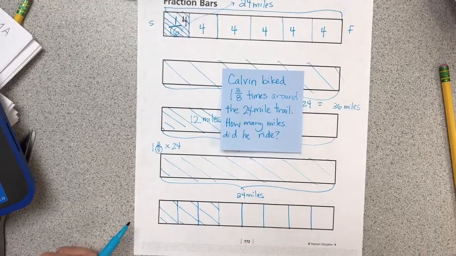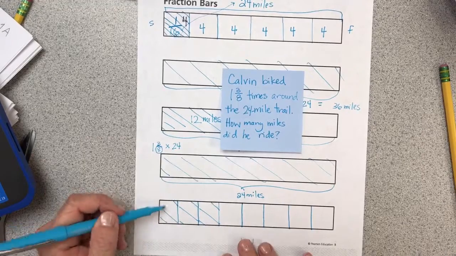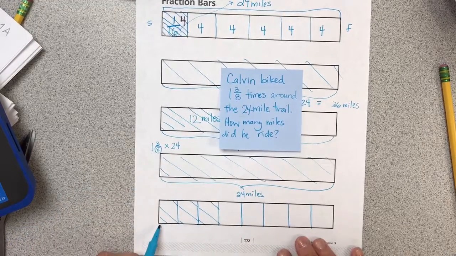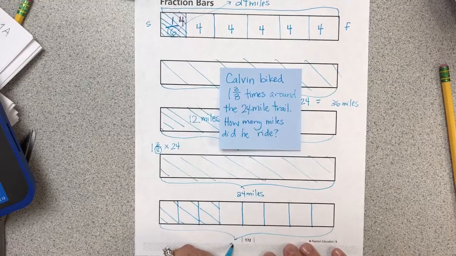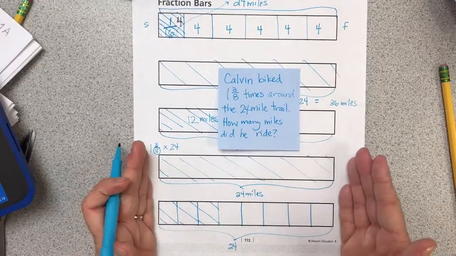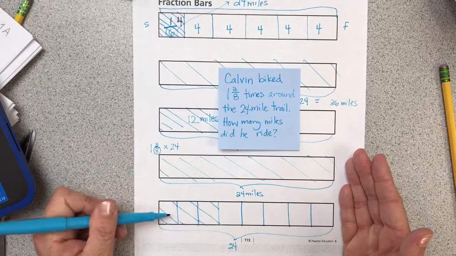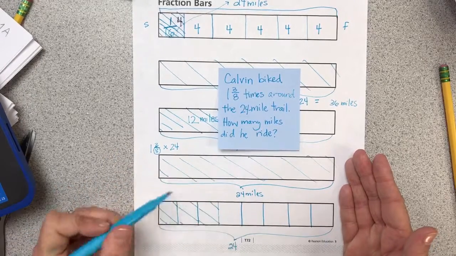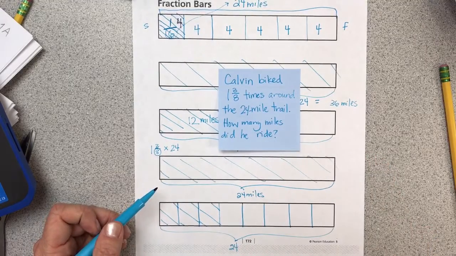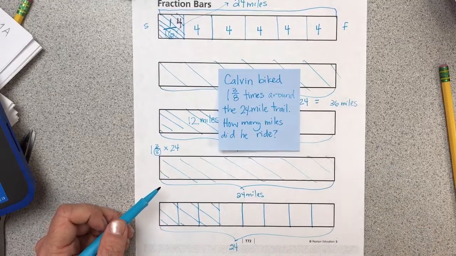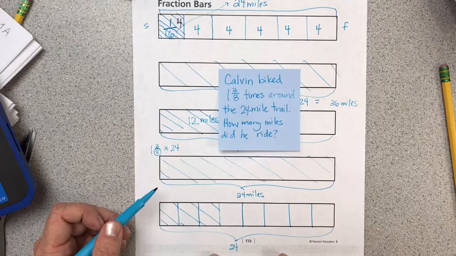Okay, so the work is not over, however, because we need to figure out how much is 3/8 of 24. So if this whole thing is 24, what number is added up all together 8 times to equal 24? Or what number times 8 equals 24?